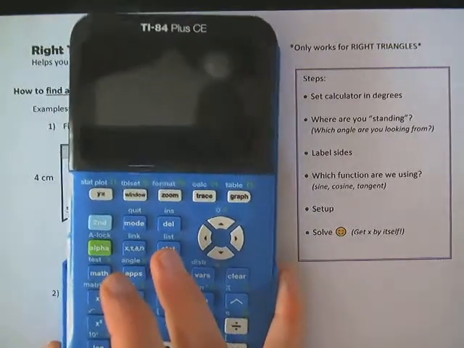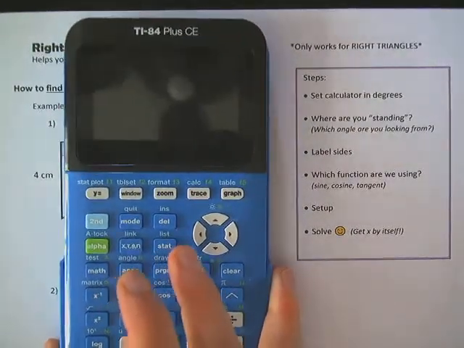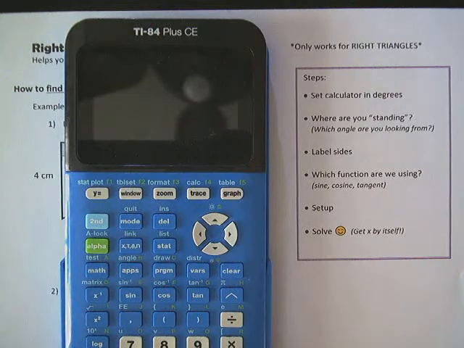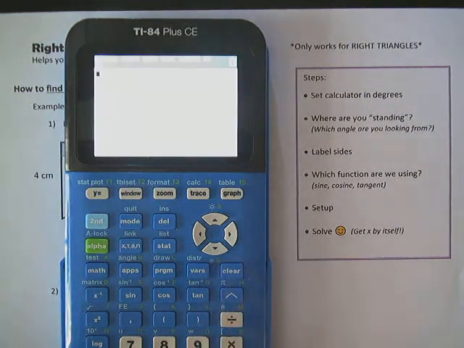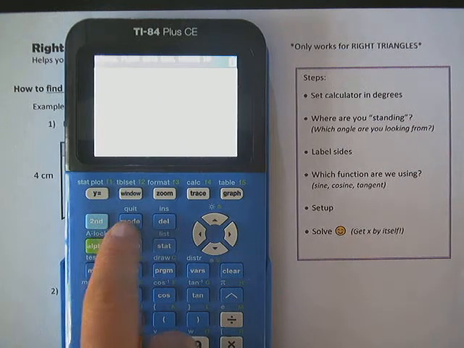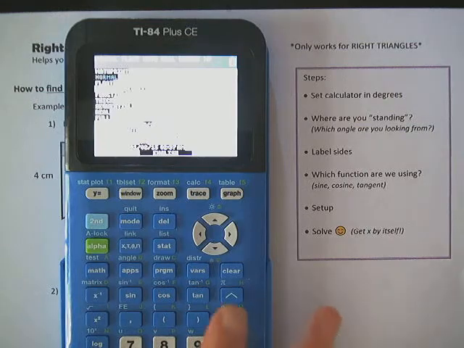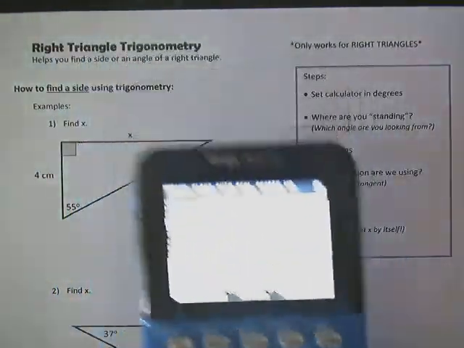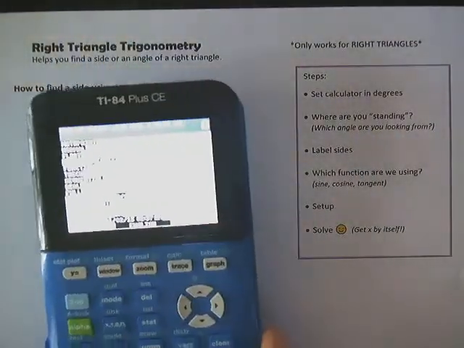All right. If you have a calculator like the TI-83 or TI-84, to set it in degree mode, you hit the mode button, which is right beside the second button, and it's going to bring up a whole mess of stuff. Let me see if I can get it to where you can see it.